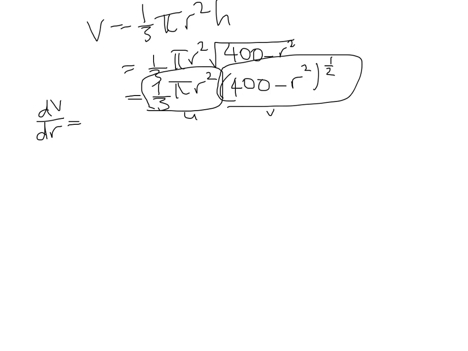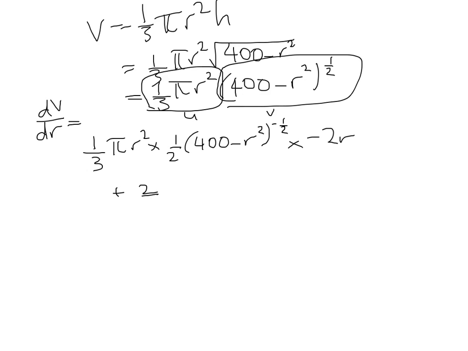So dV by dr is equal to 1/3 pi r squared times 1/2 of 400 minus r squared times negative 2r. Right, and then flip it over and do it the other way around, plus 2/3 pi r times 400 minus r squared to the 1/2.